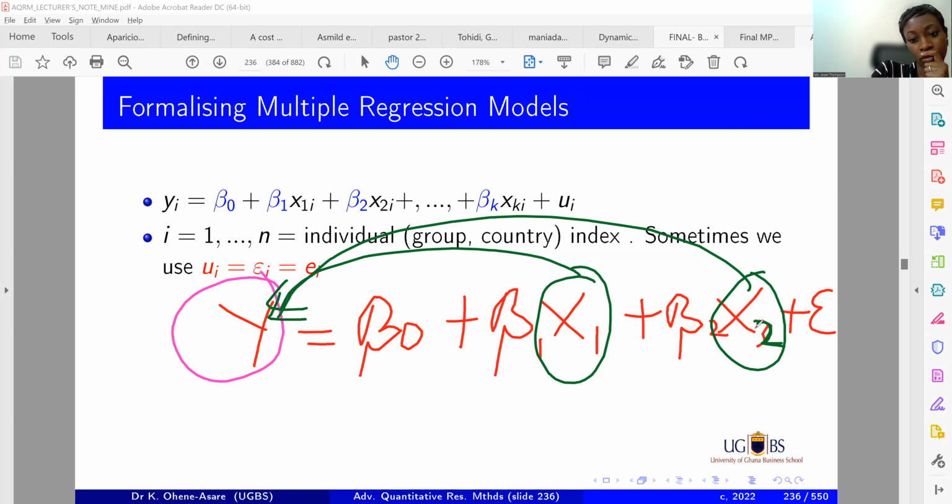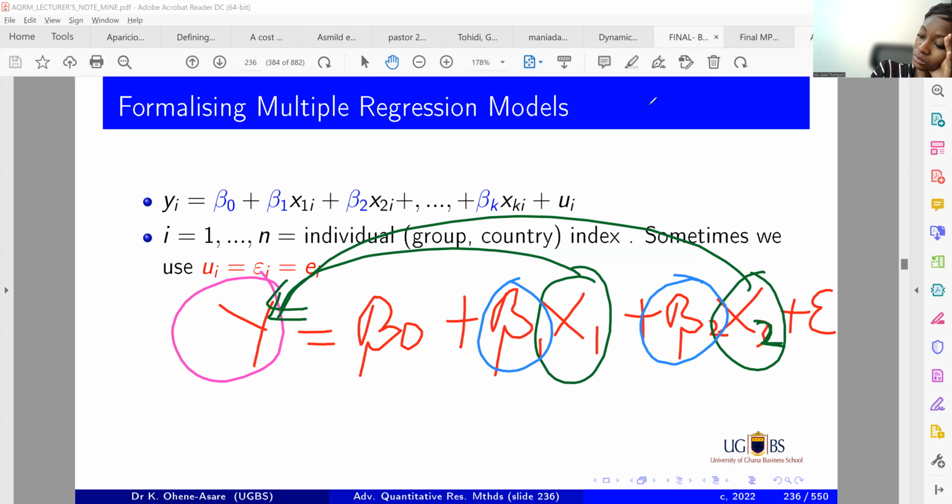Okay, thank you. So the betas that are multiplying the x's are known as the beta parameters. They tell you by how much the independent variable affects the dependent variable.